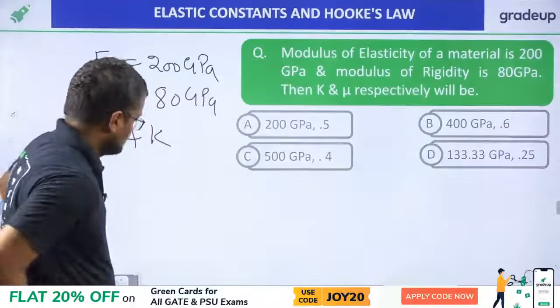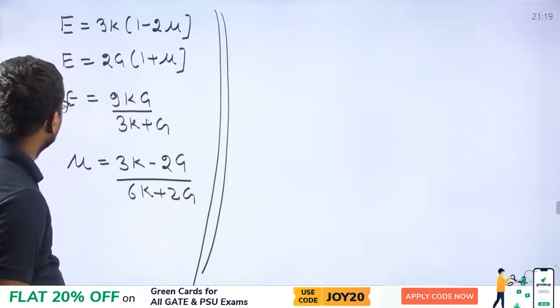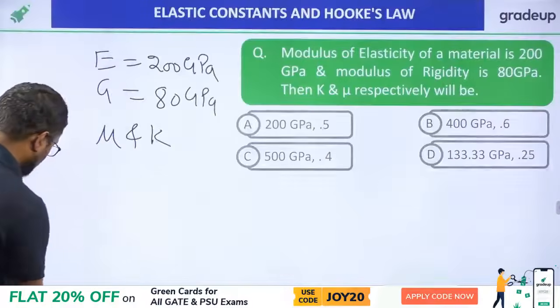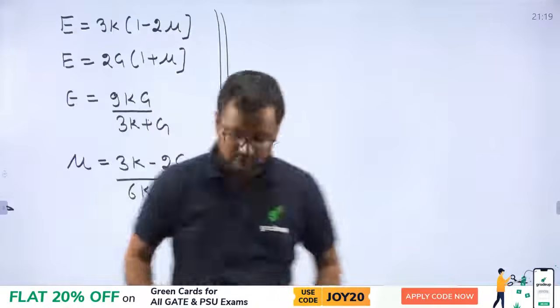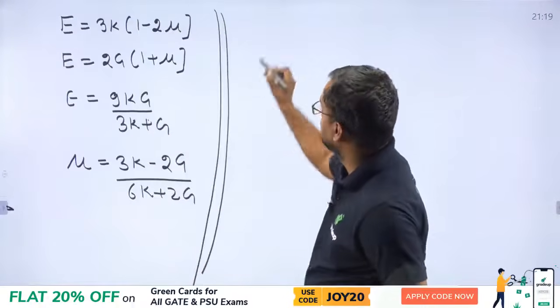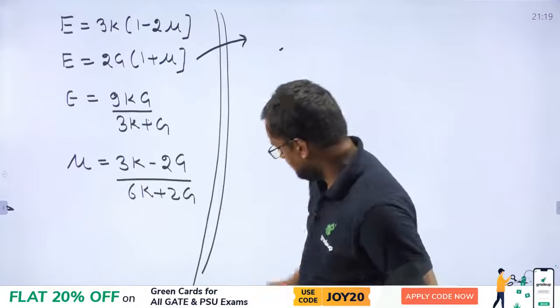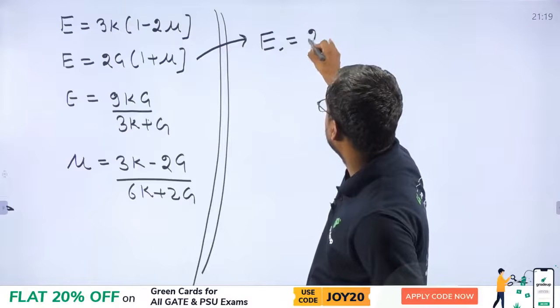Suppose let me take you here and we have these relations here. E 200 and G 80. Let us take this formula. E is 200 and G is 80.